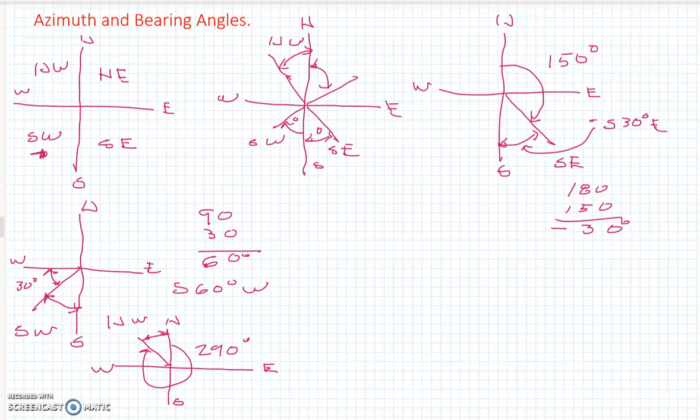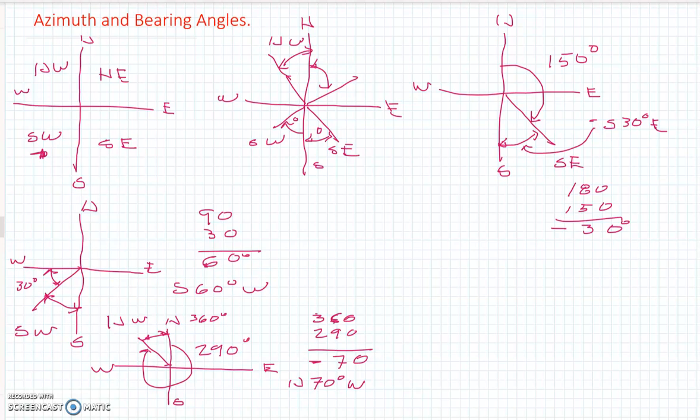So now I have all around 290 to this, and I know that this is 360. I just subtract 360 minus 290. This will be 70. So now your quadrant is northwest, so your angle will be north 70 degrees west.